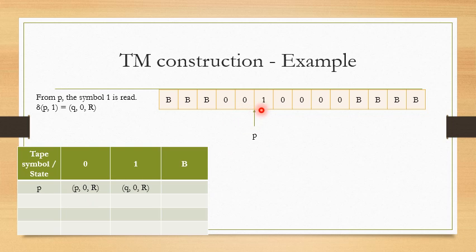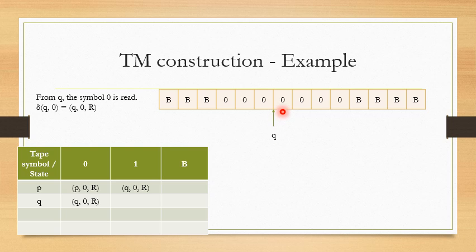Now from P I am reading a 1, which is the intermediate. This 1 should now be replaced with 0, and I make a state transition. In the next step, the pointer will be over here and the state will be Q.